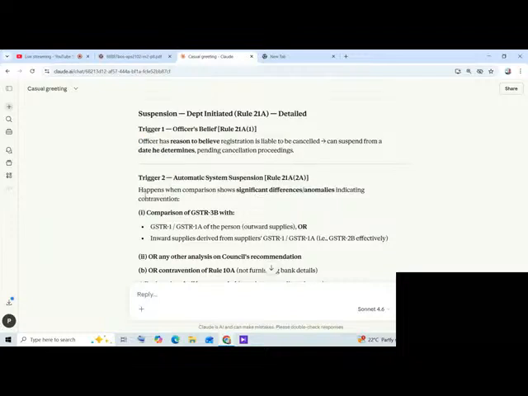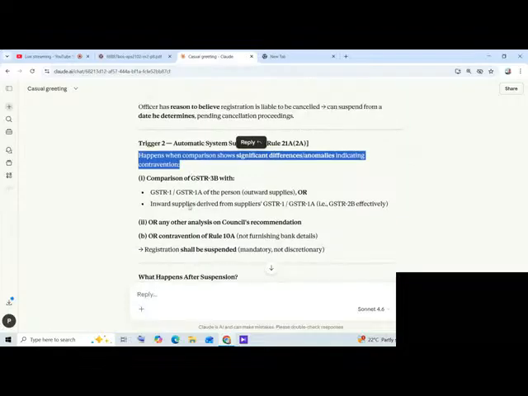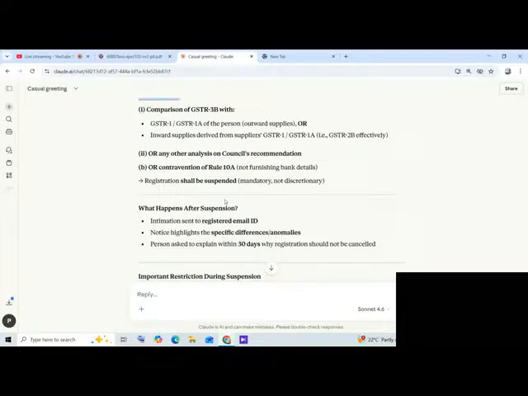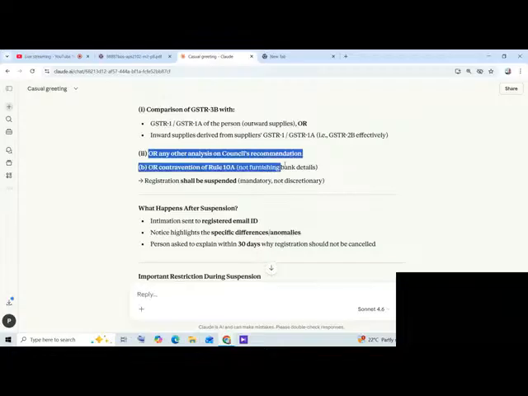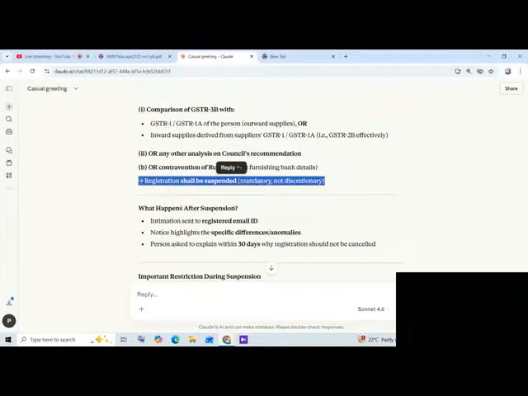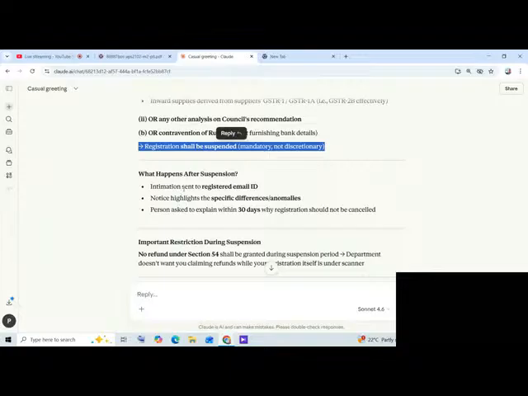Automatic system suspension happens when a comparison shows significant difference or anomalies: comparison of 3B with 1A of the person, or inward supplies derived from suppliers' 1 or 1A, GSTR-2B expected, or any other analysis on the Council's recommendation, or contravention of Rule 10A, not furnishing bank details. Registration shall be suspended. Mandatory, not discretionary.